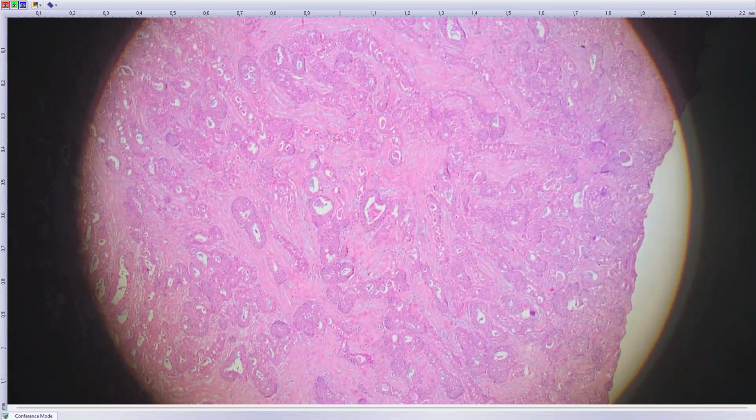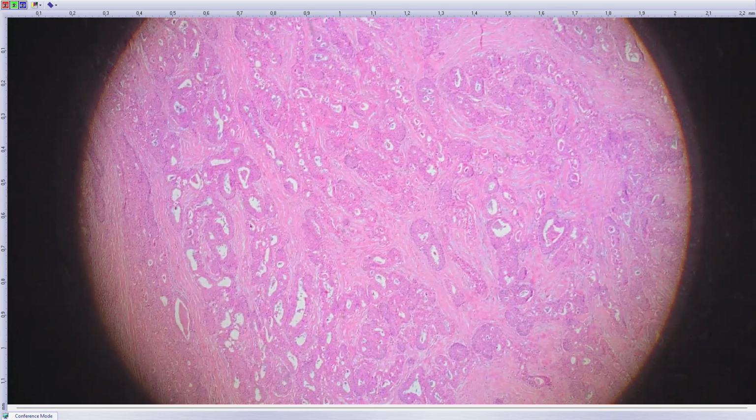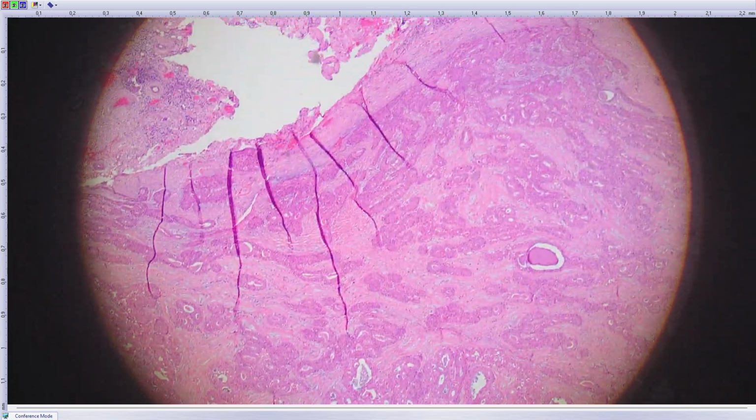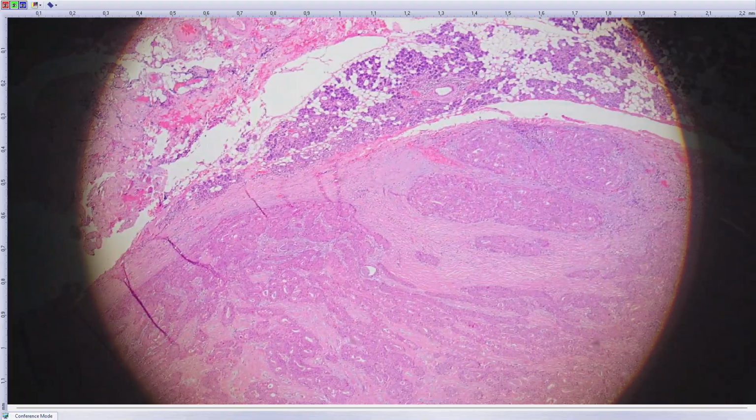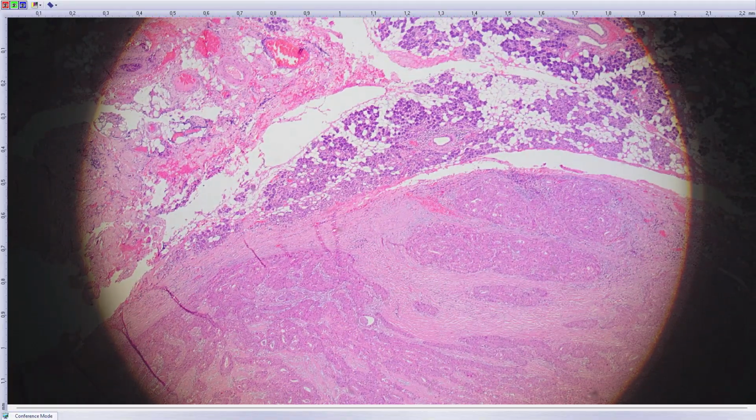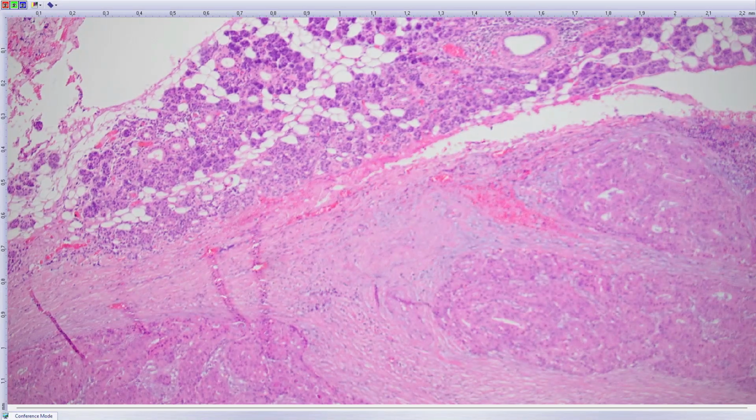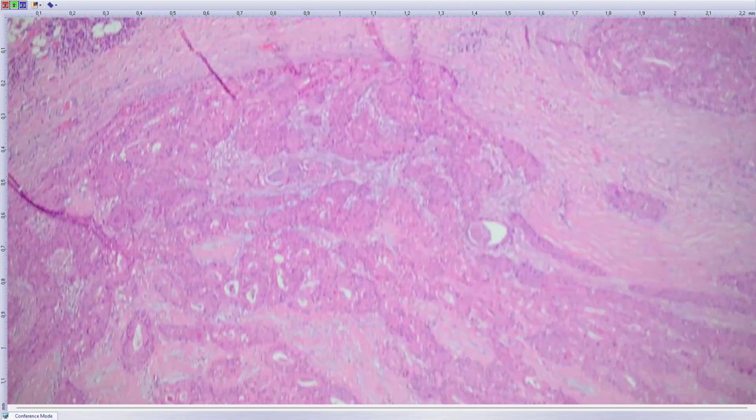I received 20 blocks, so it was a really huge tumor, relatively well circumscribed, as you can see here, but invasive.